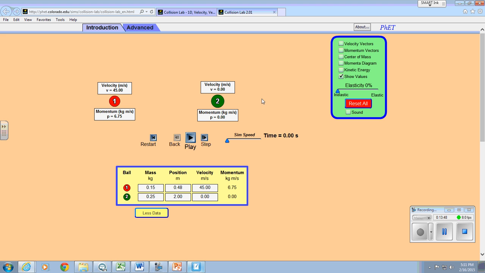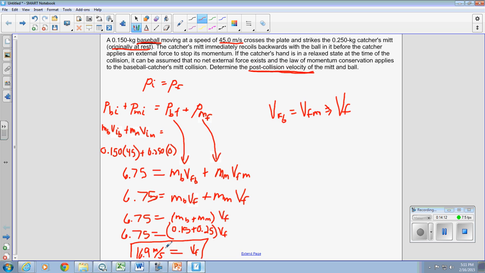And if we allow this to run, and they collide and combine, you can see how their velocities change. The velocity of object 1 is now 16.88, and so is the velocity of object 2, 16.88, which would round to 16.9, and that's what we got.